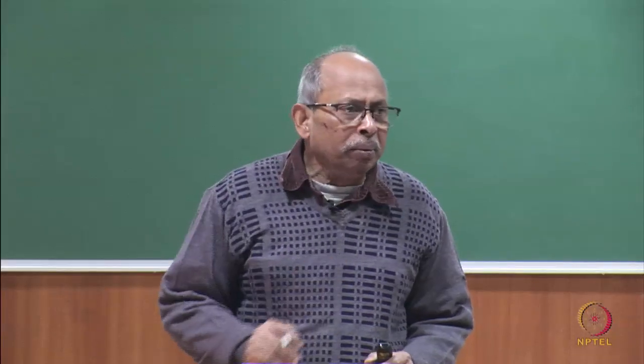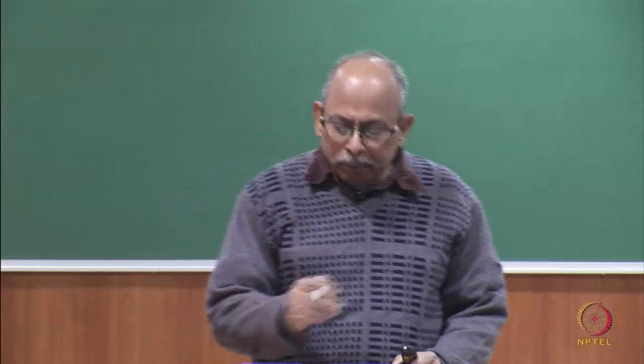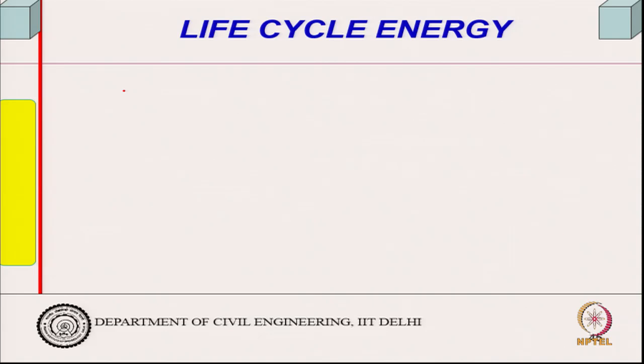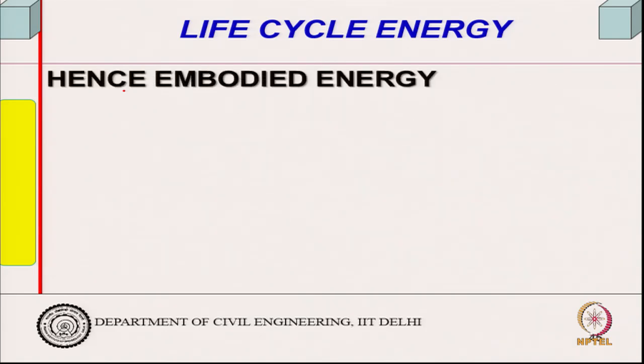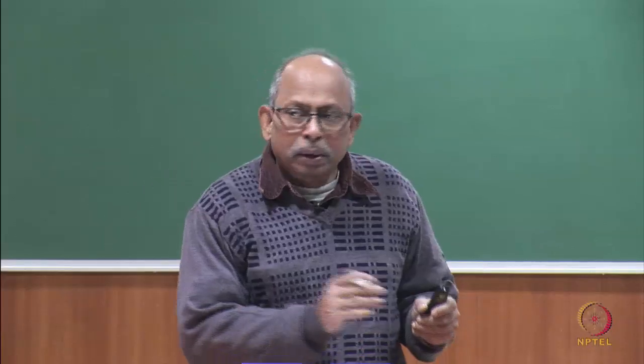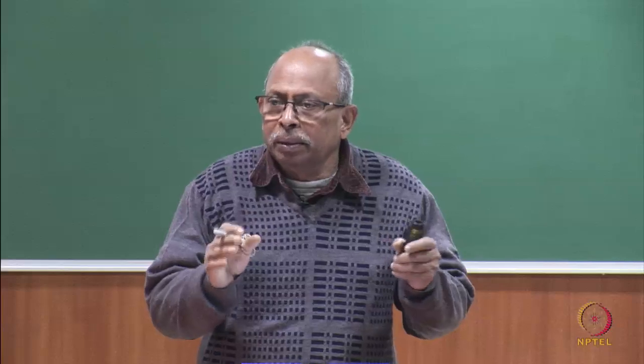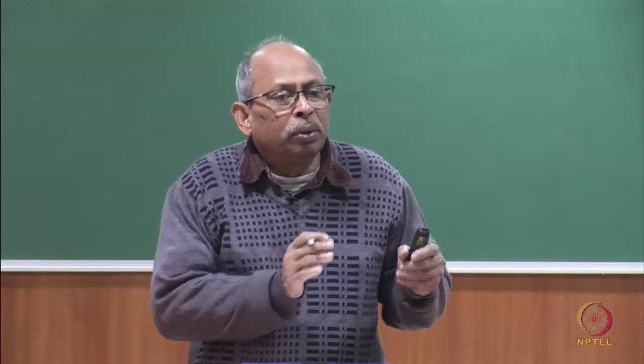Some definitions I will give you later on, but there are some other issues like something we call embodied energy. This energy is the energy that has gone into a material or system when I have produced it, how much energy has gone into it.